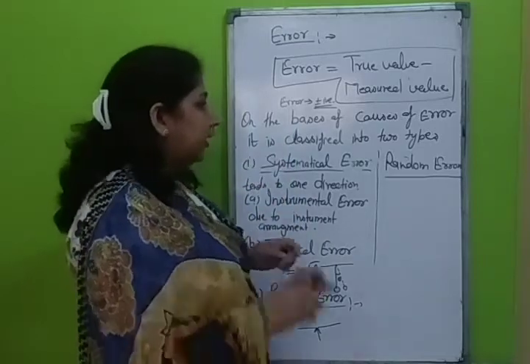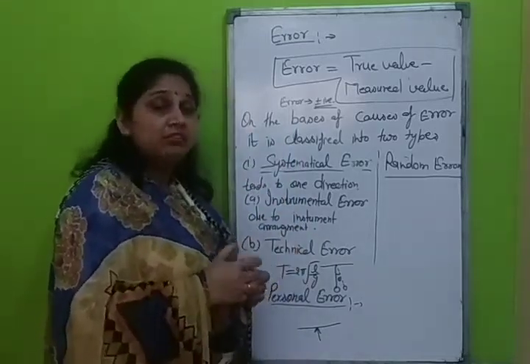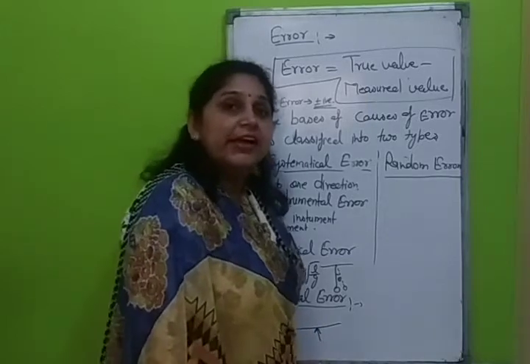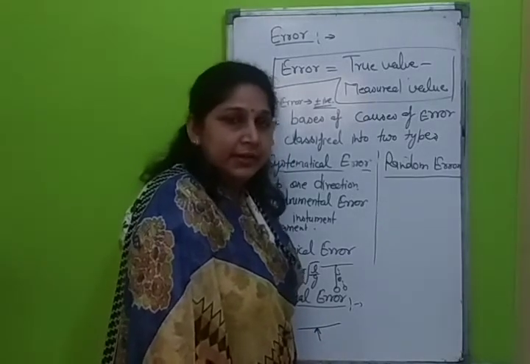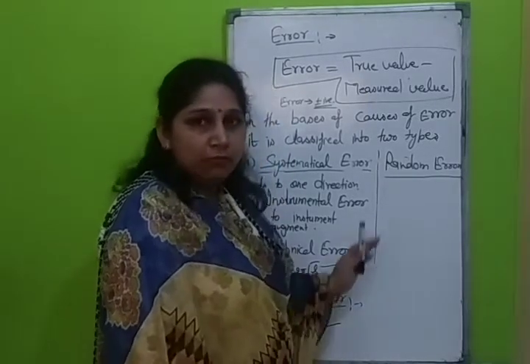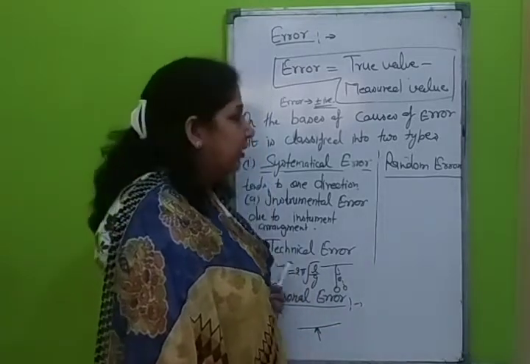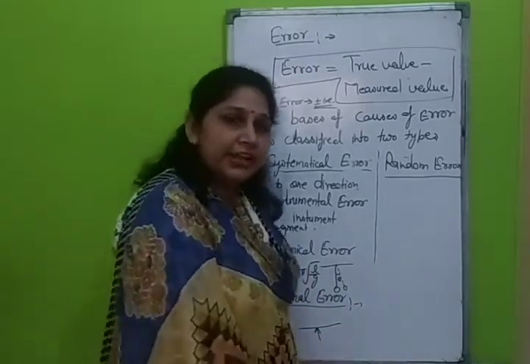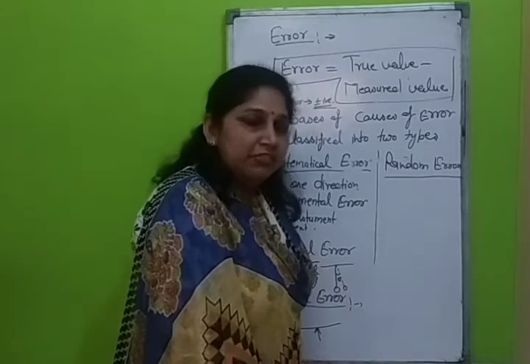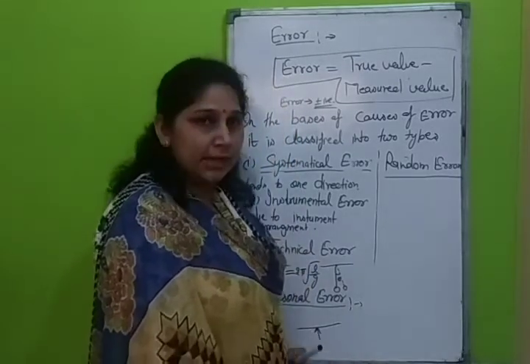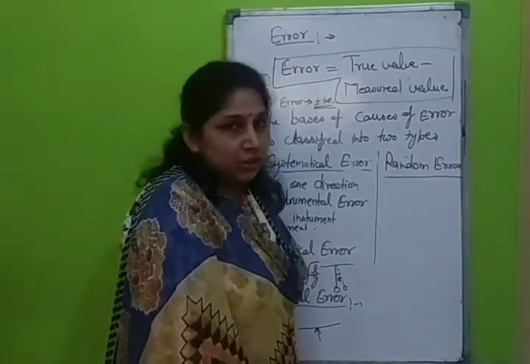But there is an error which we cannot find, due to which it arises, and it may be positive or negative. Suppose we are taking the time period of a pendulum and we note down the time by stopwatch of 10 oscillations.